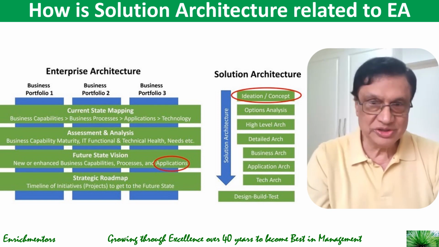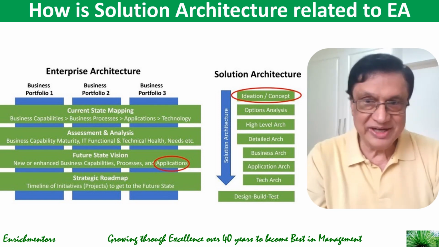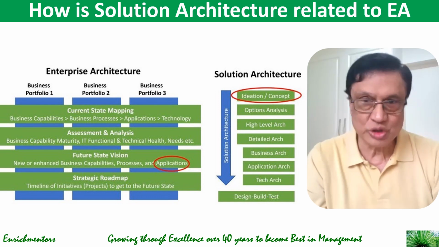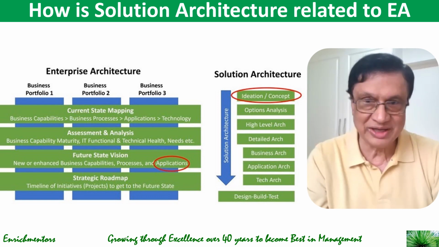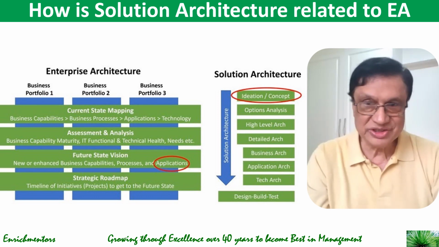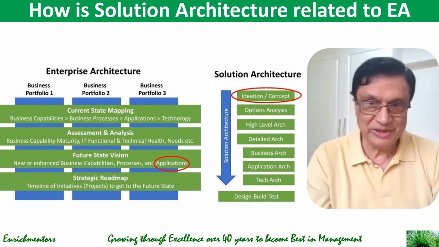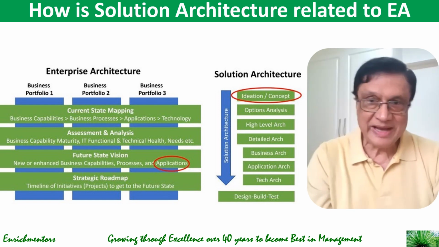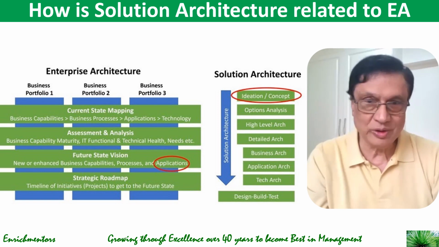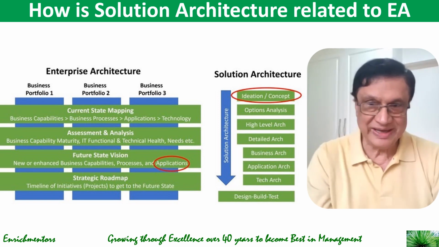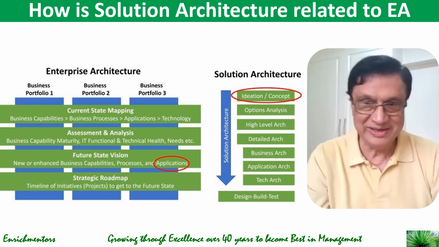The solution architecture ideates and conceptualizes those applications, analyzes various options, prepares a high level architecture for that solution, and gives a detailed architecture: a business architecture, application architecture, and technology architecture. And having defined the architecture for that particular application, right from ideation, it then designs, builds, and tests.